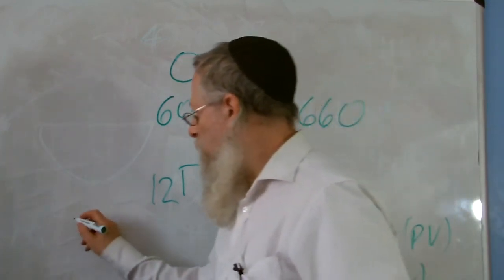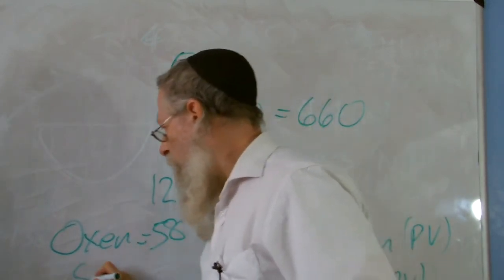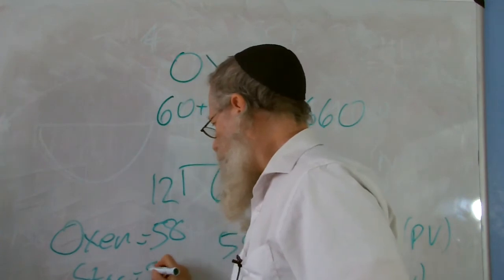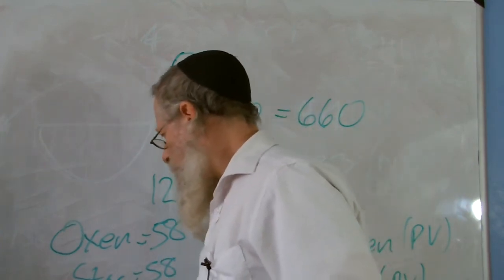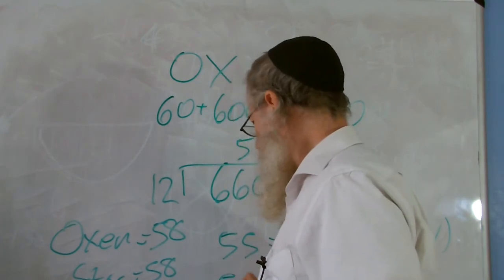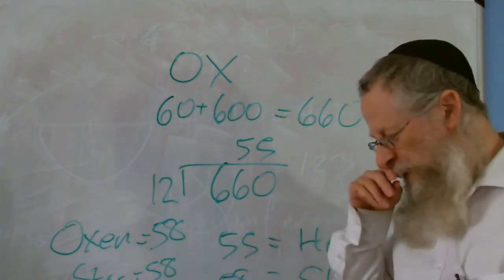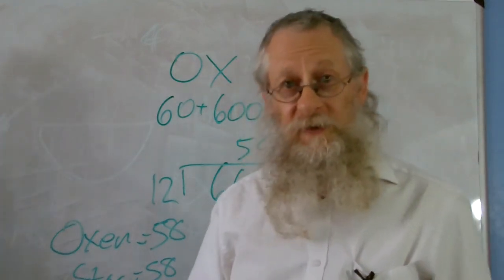And interestingly enough, the word oxen is 58, star is 58, and zodiac is also 58. So this connection between the oxen and the zodiac is shown within the gematria.